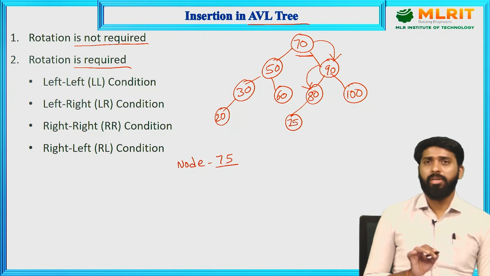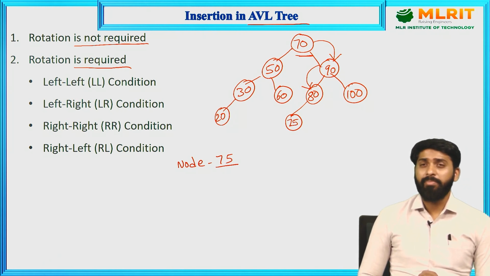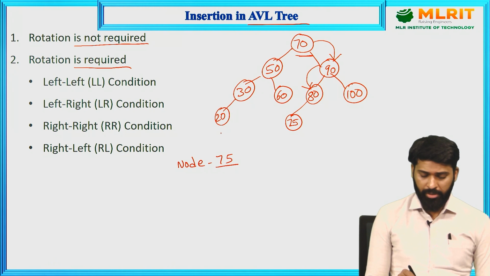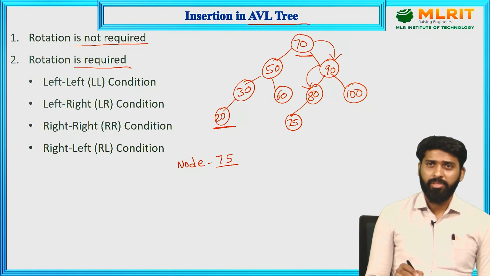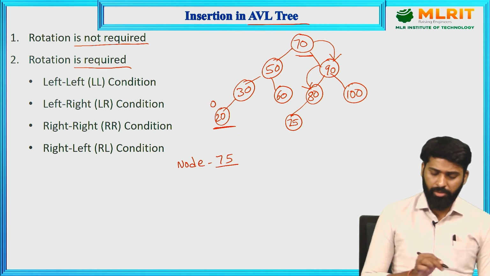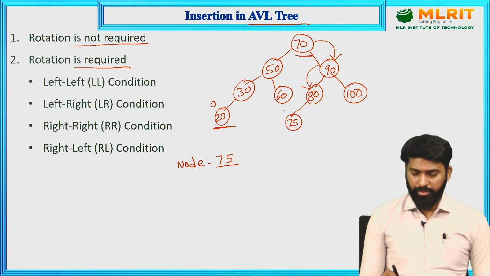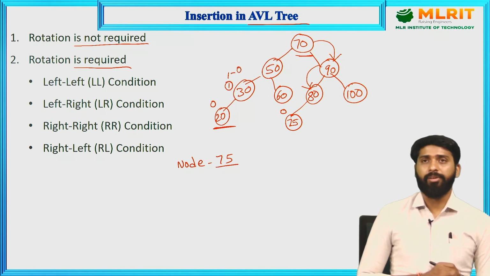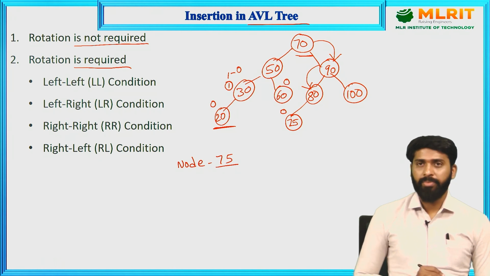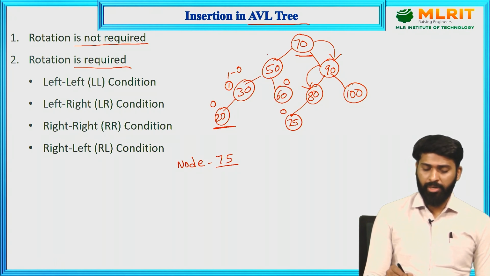Now this is the insertion, that is the first step. Now what is the second step? Check the balancing factor. Now we start from leaf node. Now 20. So what is the balancing factor of 20? So balancing factor of 20 is the left subtree height and right subtree height. There is no left and right, so here it is 0. For 75, 0. For 30, left is 1, 1 minus right is 0. So 1 minus 0, 1 here. For 60, 0. For 50, 2 minus 1, 1.